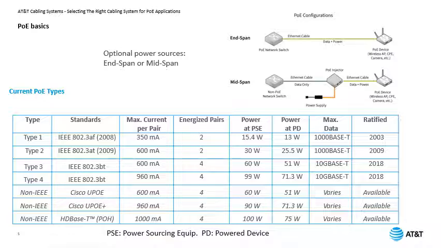There are non-IEEE standards such as Cisco UPOE or Cisco UPOE Plus or HD-based where you can go for 60 and 90 and 100 watt for each of them. The common thing between non-standard or non-IEEE standard is they are using all the 4 pairs to be energized.